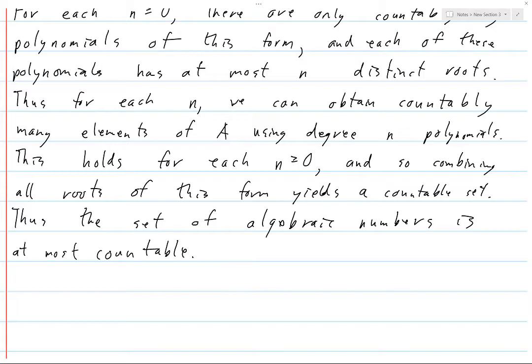Not that there's infinite, not that there's at most countably many, but precisely countably many. So we do have to do a little more work to prove that there actually are countably many. All we know so far is that there are at most countably many, which is the hard part. So the easy part is, how do you know that there's at most countably many?